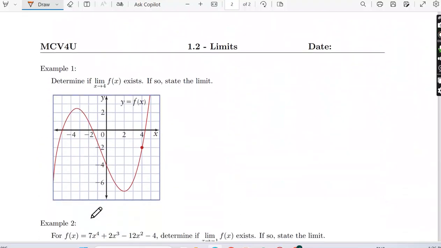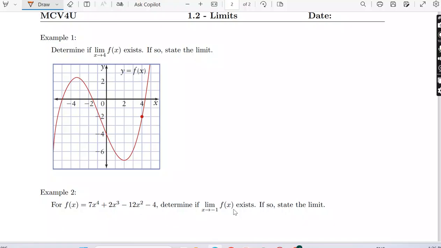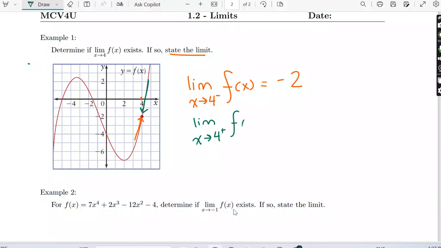Okay, so let's take a look at a quick example here. Determine if the limit as x approaches 4 exists. If so, state the limit. So our first job is the limit as x approaches 4 from the left of f(x). Does that exist? So there's 4. Now from the left-hand side of the dot, the limit as x approaches 4 from the left of f(x) is -2. Now from the right-hand side, the limit as x approaches 4 from the right of f(x), it's still -2 as well.